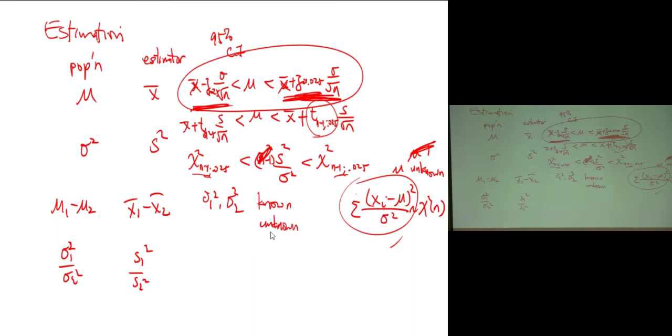And there are scenarios where they are unknown, but we know that they're equal. Although I don't know what they are, I assume that they're equal. Then we have a formula that combines S1 square and S2 square to estimate the common value. So we have that formula. All right? So that is for the confidence interval.